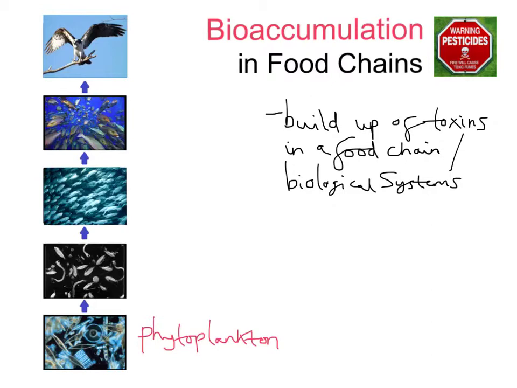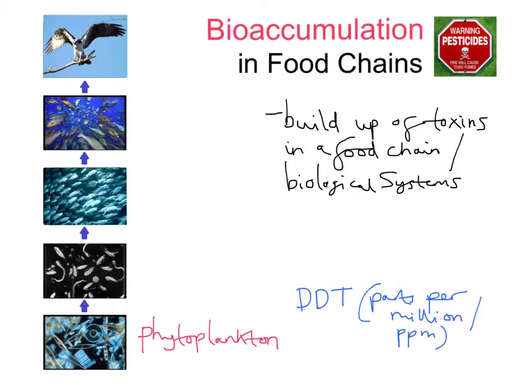Basically, if we imagine the DDT running into the waterways, and it would be absorbed by some of this phytoplankton. So what we're going to do is we'll look at DDT in parts per million. We'll just call that ppm.